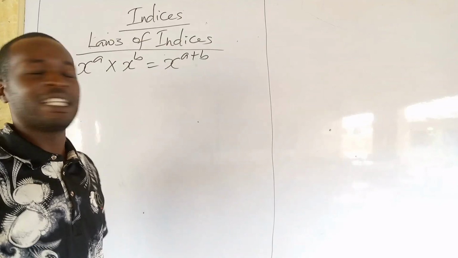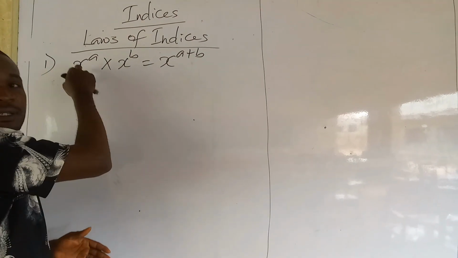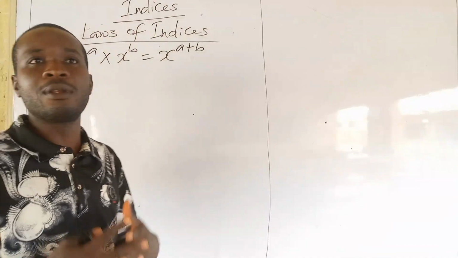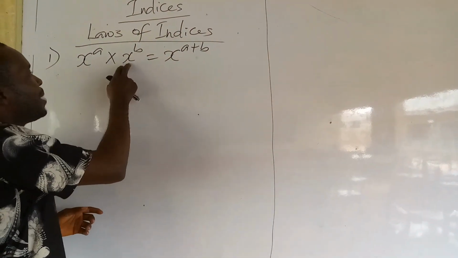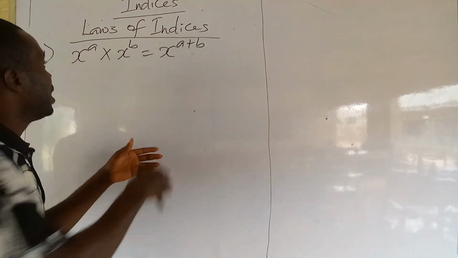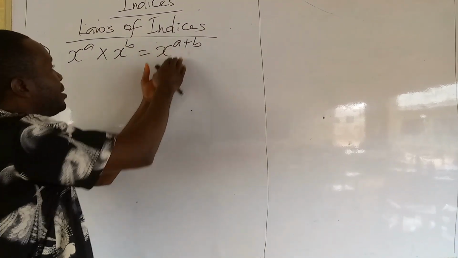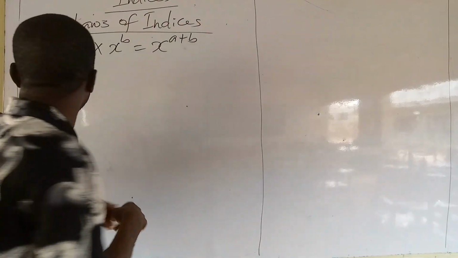Please bear in mind, if you can see this well, the two base numbers are the same. This law is applicable when you have the base numbers being the same and you have multiplication in the midst of it. The result is that we will add the power, the index. That's that for the first law.